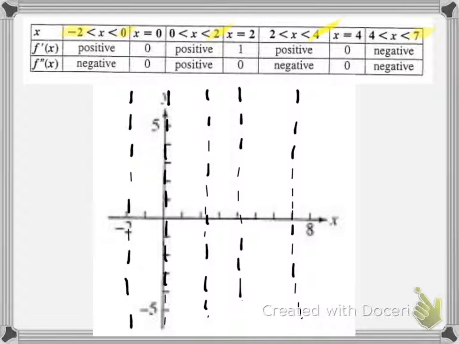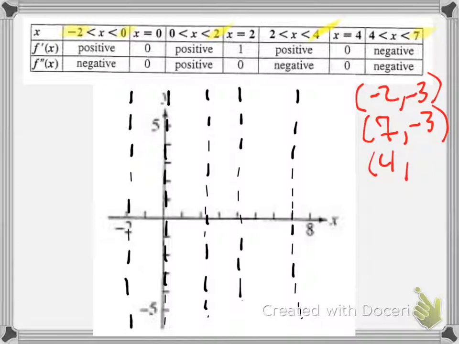One of those were -2, -3. Another one was +7, -3. Also 4, +3. 0, 0. And also 6, 0. So what I want to do is go ahead and plot those points.